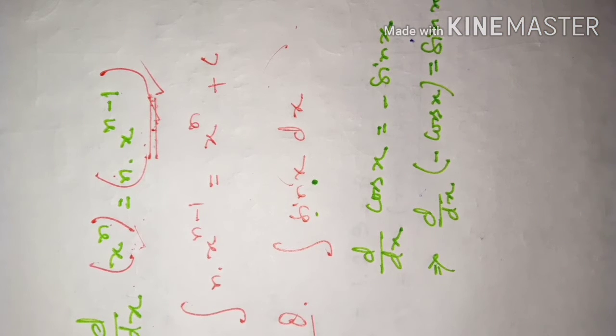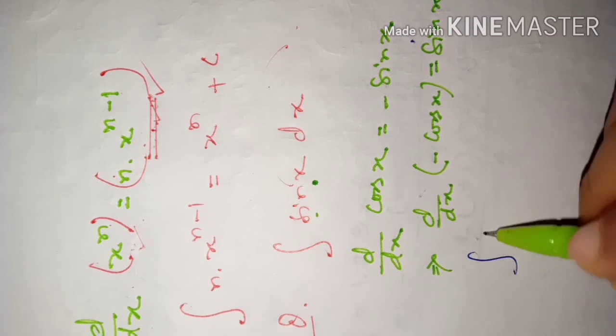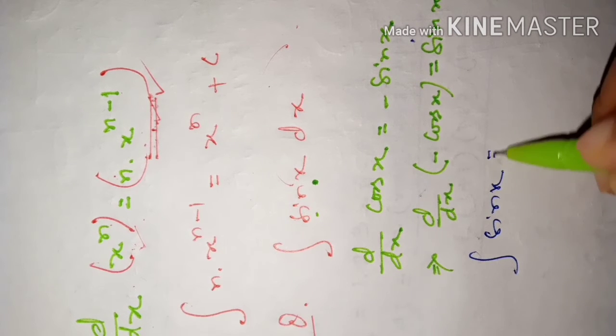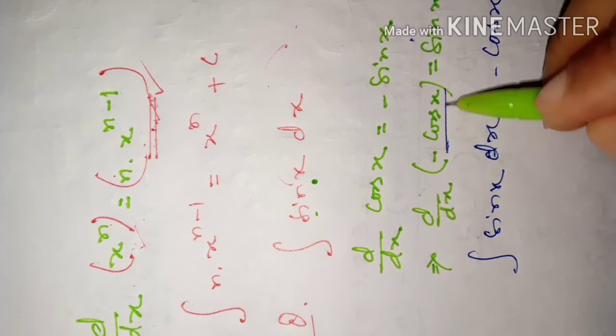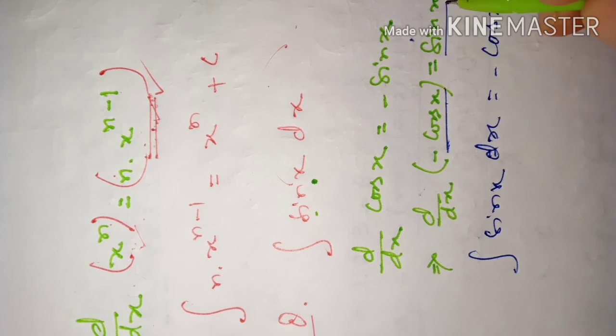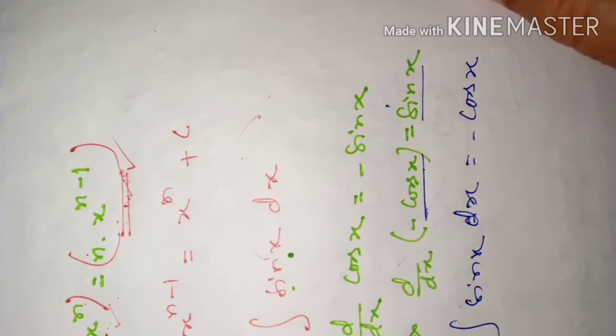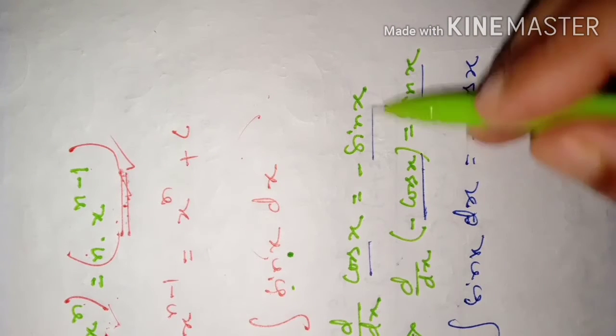So integration of sin x must be written as minus cos x, because if you take the derivative of minus cos x, then only you will get positive sin x, because straight away the derivative of cos x is minus sin x.